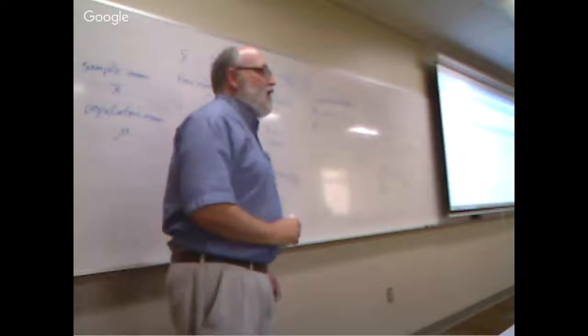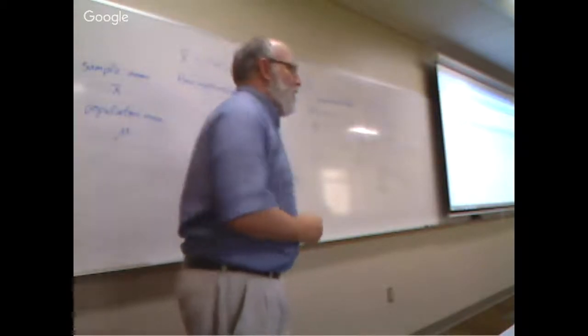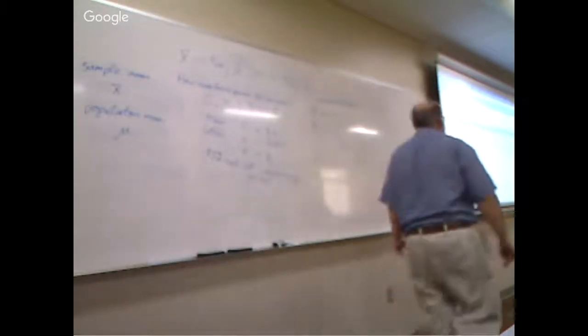I need to find the t-score. Degrees of freedom is 5. Confidence interval was 95%. 2.571. This is the number that's going to go in there. That's T. This is T of alpha divided by 2.